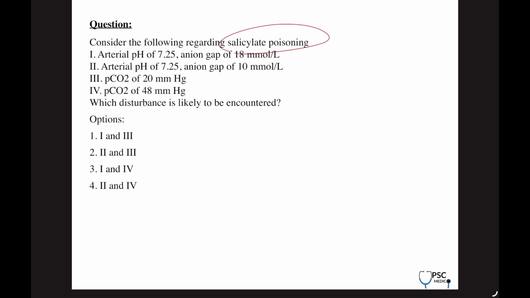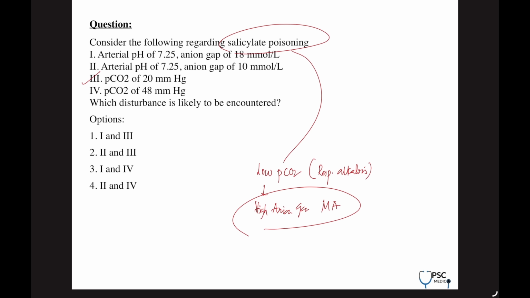See, the beauty of salicylate poisoning is you will see mixed acid base disturbances. In the early stage, you will see alkalosis, that means low PCO2. Okay, so this is correct. There is respiratory alkalosis. In a later stage of the poisoning, this will progress to high anion gap metabolic acidosis.